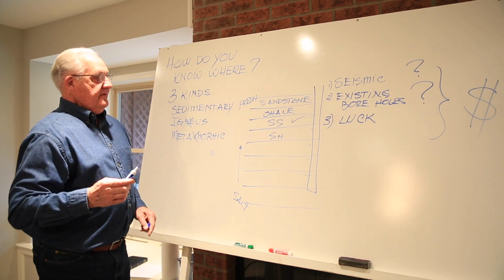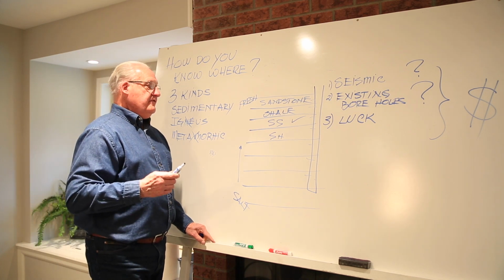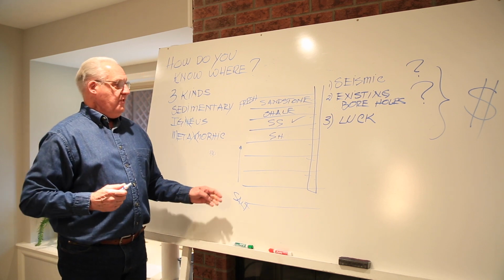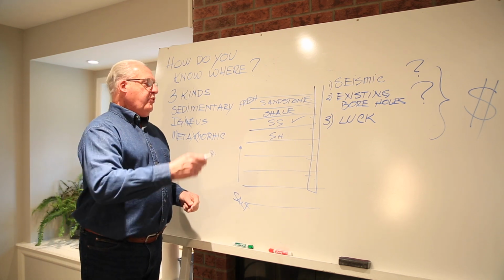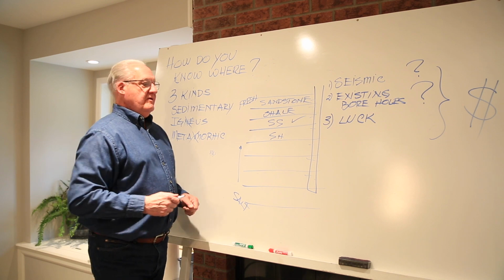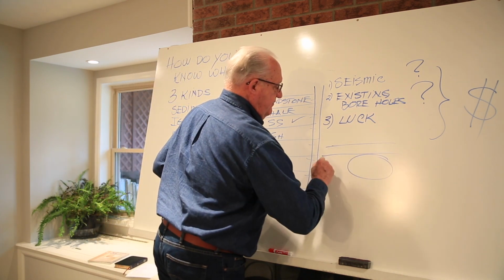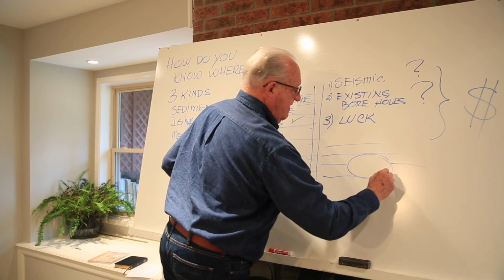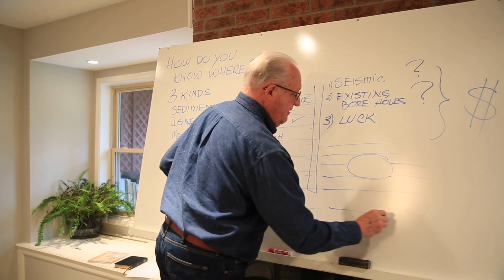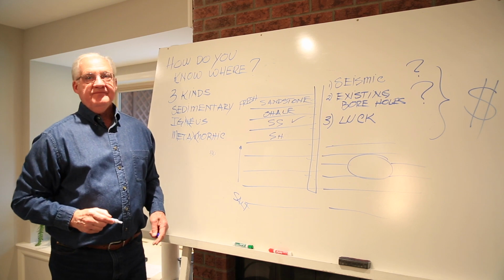Okay, just one more thing. The question is, some people have asked, well, aren't you looking for a pool of oil? Don't you have these sedimentary strata and there's a void space down there and it's filled with oil?